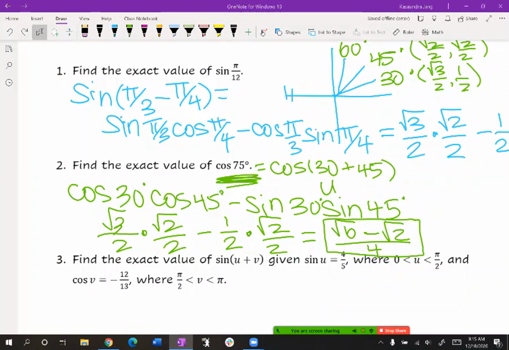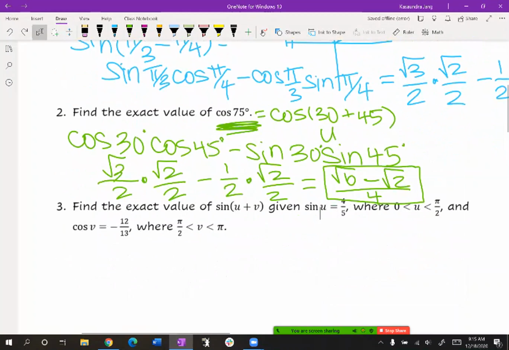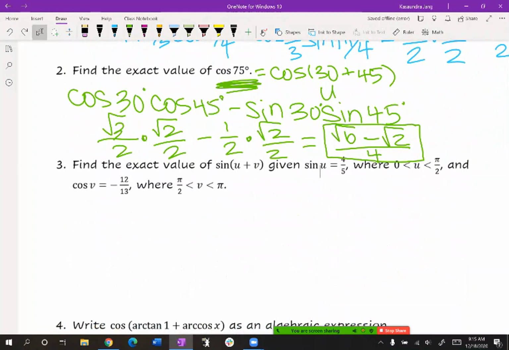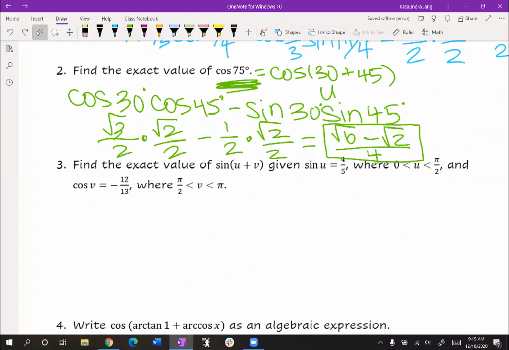Let's look at number 3 here. So find the exact value of sine of u plus v, which we know the formula for. So given that your sine of u is 4/5, where the u is between 0 and pi halves, and then your cosine of v is negative 12/13, where your v is between pi halves and pi.